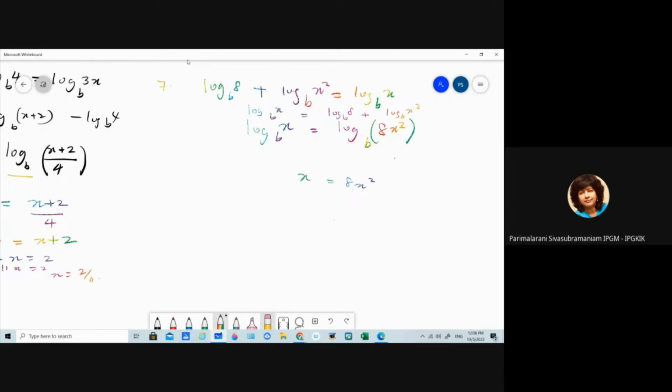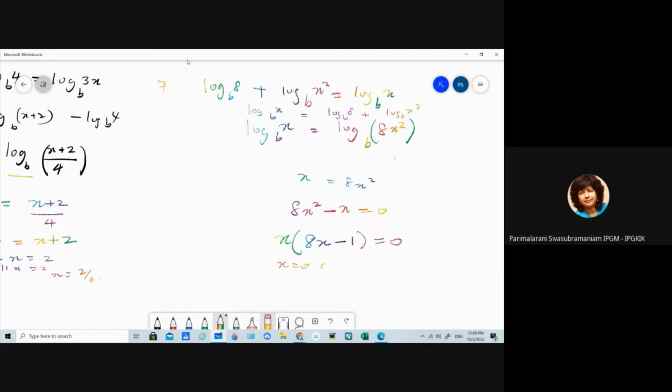So what we do is to either bring it onto the left or bring it onto the right. So 8x squared minus x is equals to 0. When you have it like this, you need to factorize. Take out the common factor, which is x. So x times 8x minus 1 equals to 0.